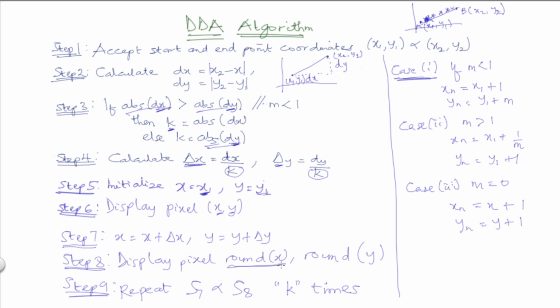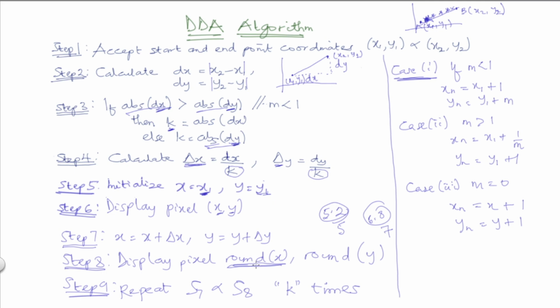By pixel round x, what we mean is, assuming we do the computation for the coordinate x and we get 5.2, we are going to round this 5.2 to 5. And if we get the coordinate for y to be maybe 6.8, we'll round this one to 7. So we display that particular pixel.